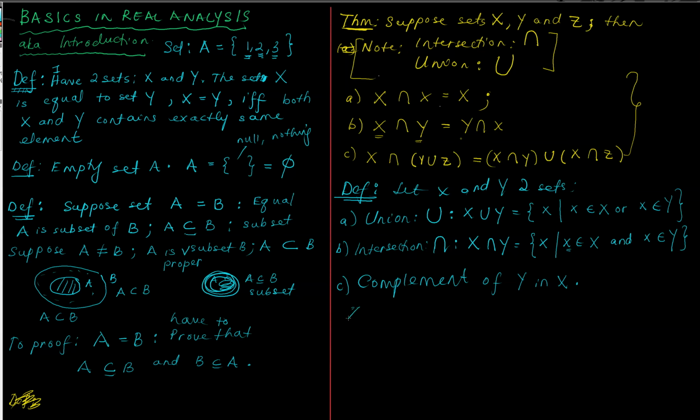I am so used to saying X intersect Y complement, or X minus Y, as long as you know it's a set, it's not a regular math operation. Or some would say X backslash Y. It's the set of all elements in X but not in Y.